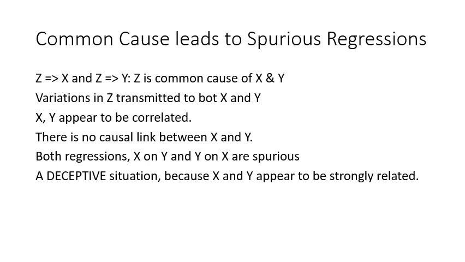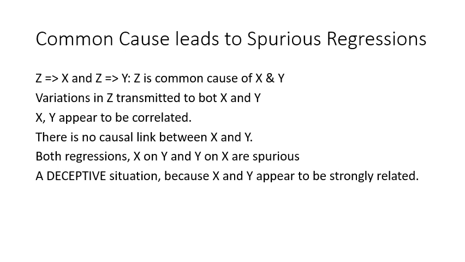In causal terms, it's very easy to understand one important reason why regressions can be spurious, and that is when both the variables have a common cause. So if z is a cause of x and z is also a cause of y, then any variation in z is transmitted to both x and y, and this leads to an appearance of correlation between the two of them.